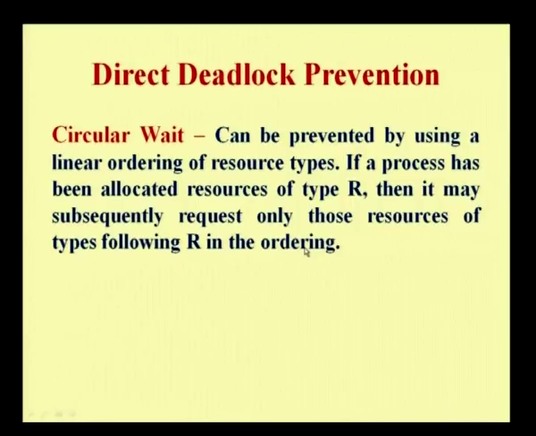Welcome back. In circular wait, which we have seen as a direct deadlock prevention method, I gave you an example of 3 people inside a cage. They have been arrested and kept inside a cage.